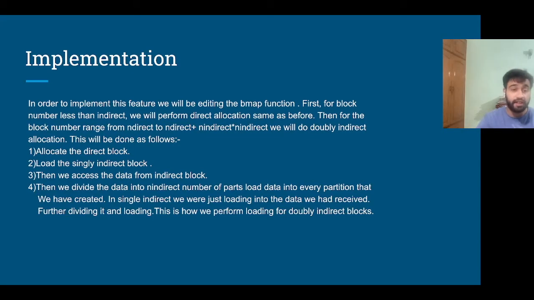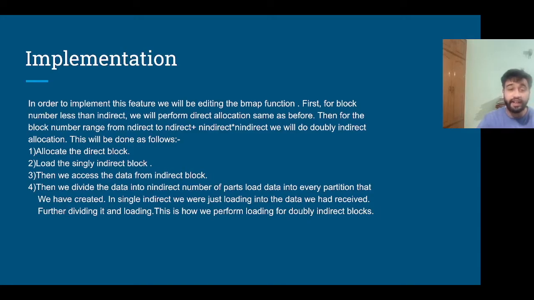So our implementation will have the following steps. So first of all, for the block numbers less than NDIRECT, we will allocate the block directly. Then for block numbers in the range NDIRECT to NDIRECT plus NINDIRECT into NINDIRECT, first we will load the singly indirect block.